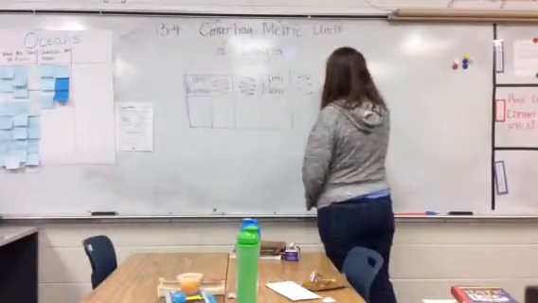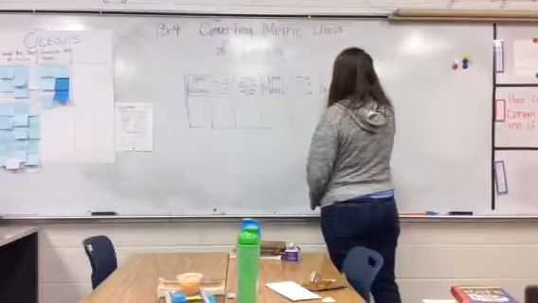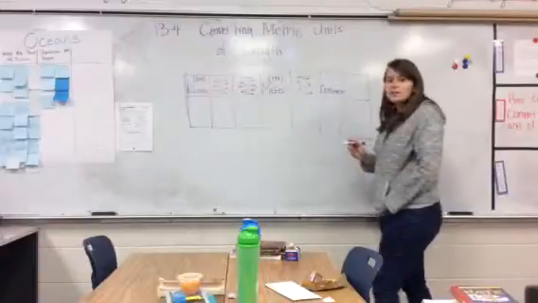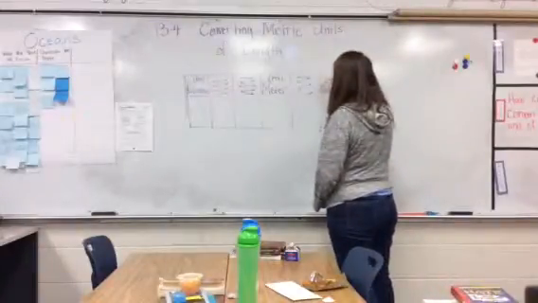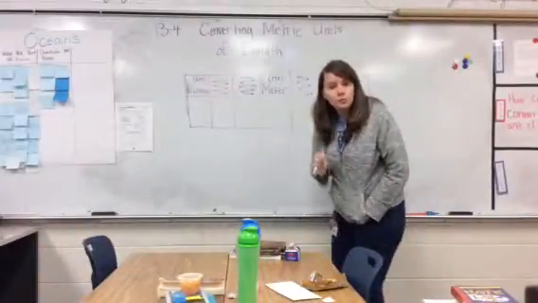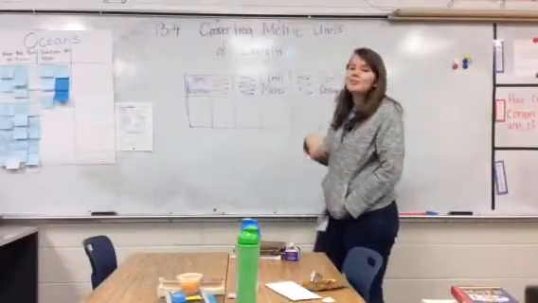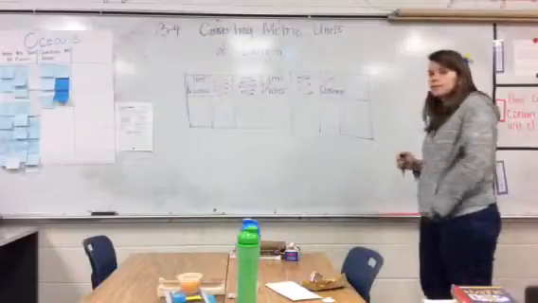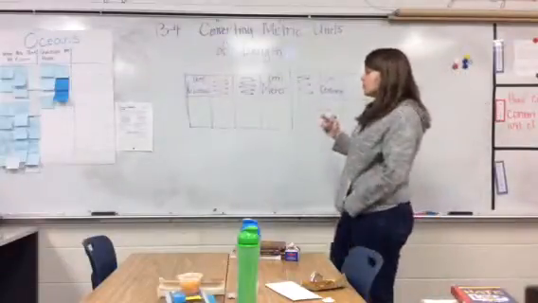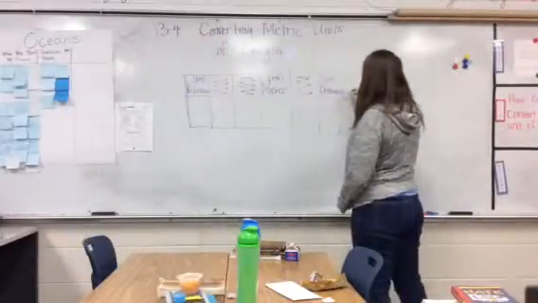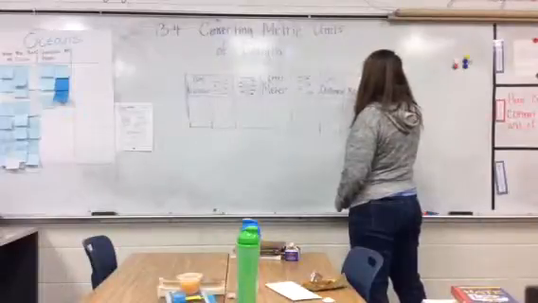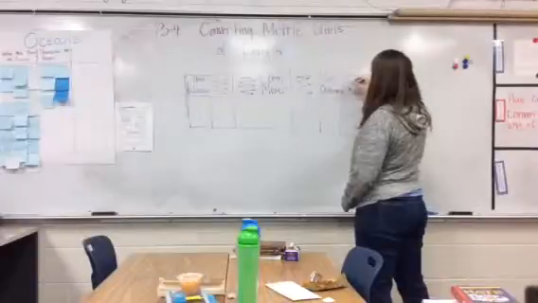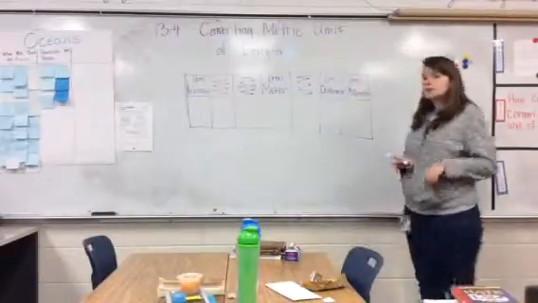So in this box, let's put centimeter. And centimeter, if you look on your ruler, is cm. That doesn't mean get your ruler out. I'm just saying, if you happen to see your ruler later, it will say cm for short. And last but not least, millimeter. And that is mm for short.